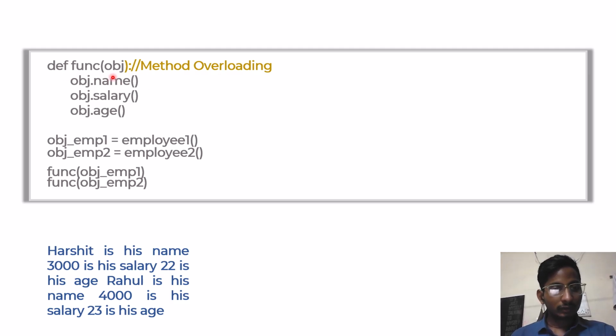We declare a function with the object and call them. These are objects of both classes, and I am calling them. And this is the output.